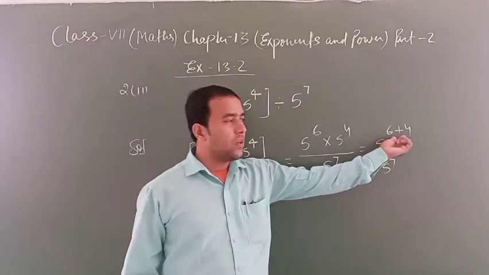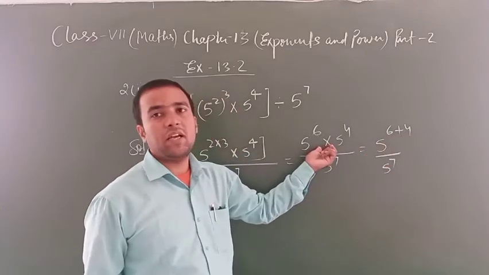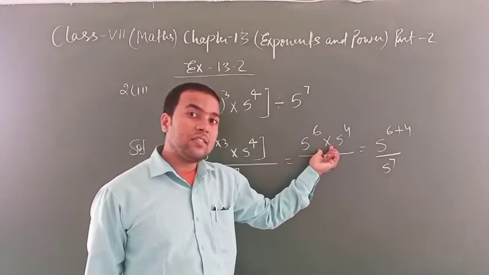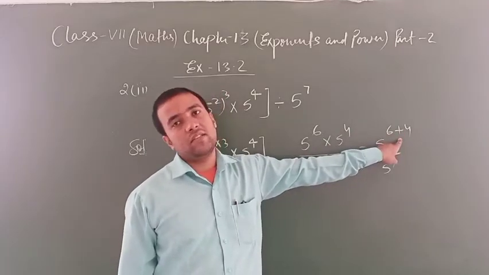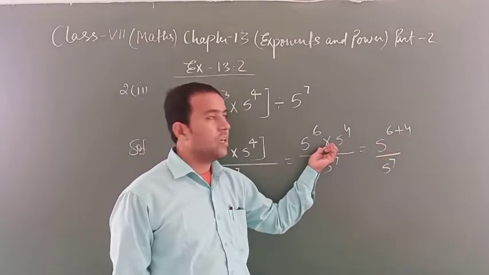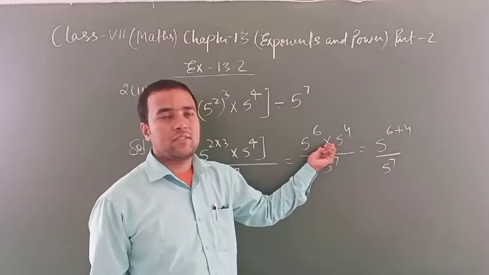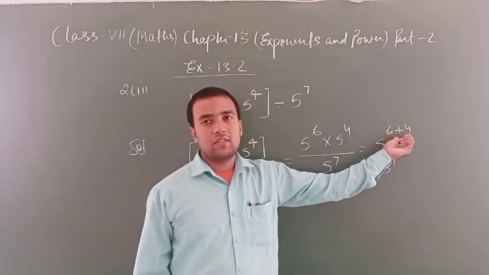Why are we doing plus here? Because the multiply sign is there. If the divide sign is there, we subtract, minus. But here is the multiply sign. That's why we have to do plus.